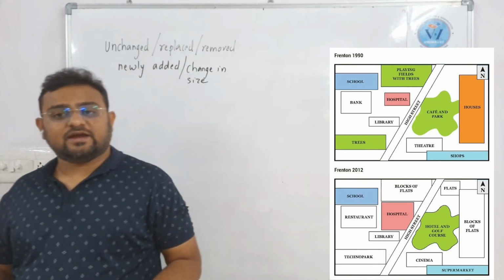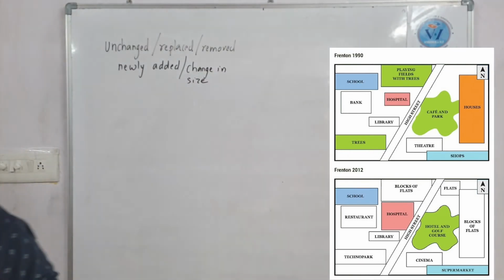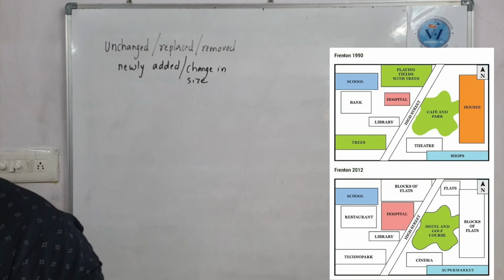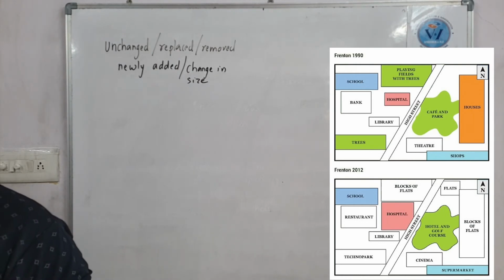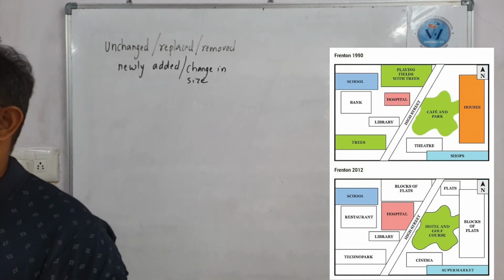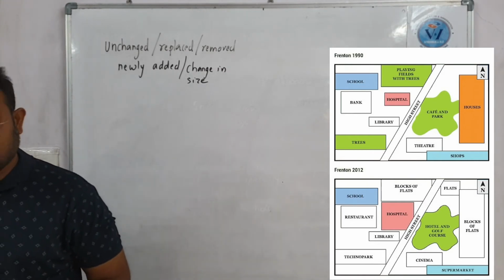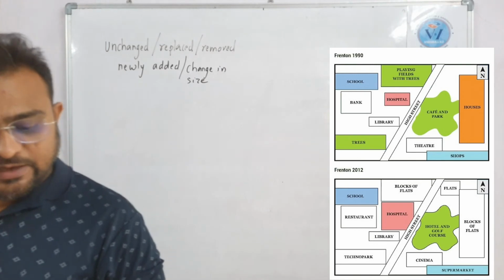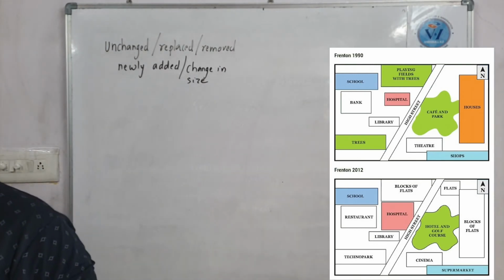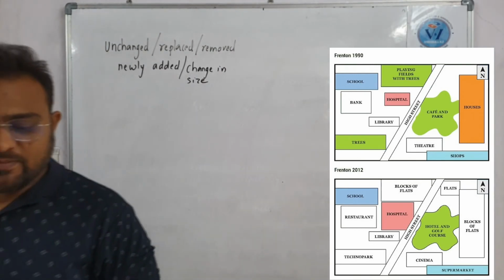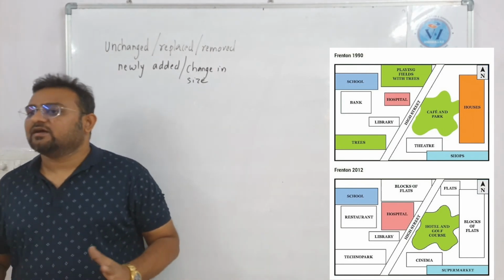Okay, now looking at this map, you can see here that the playing fields with trees, then bank and trees, these are replaced. Okay, other thing replaced are cafe and park, theater, houses, supermarket, all these things are replaced.